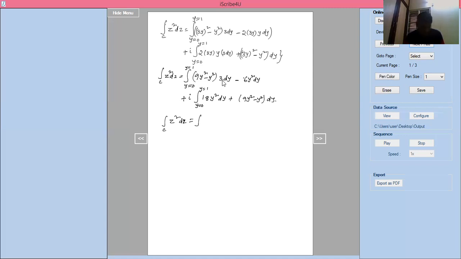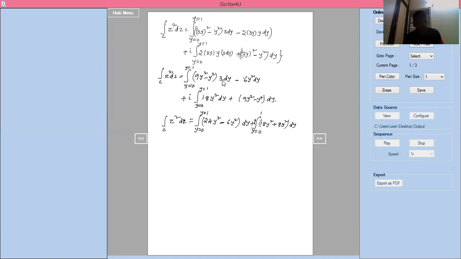I'll write directly: the integral from y equals 0 to 1 of (24y squared minus 6y squared) dy, plus i times the integral from y equals 0 to 1 of (18y squared plus 8y squared) dy, since 9y squared minus y squared is 8y squared.